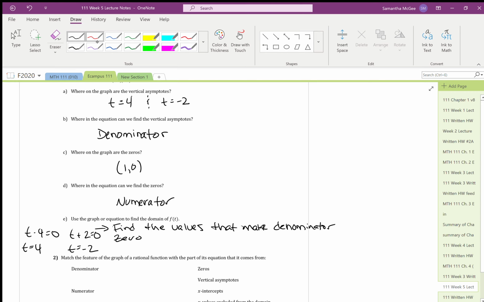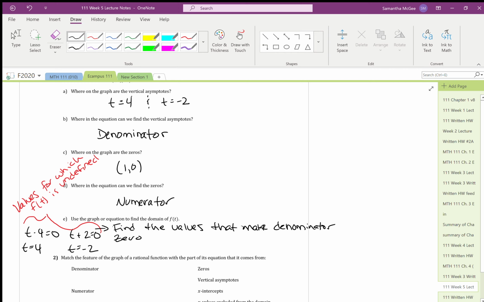Since we're here, I saw a question in the week 5 Q&A board. These are actually the values for which our function f of t is undefined. They're the values that make the denominator 0, that make the bottom 0.